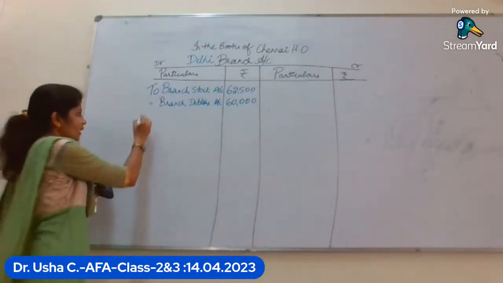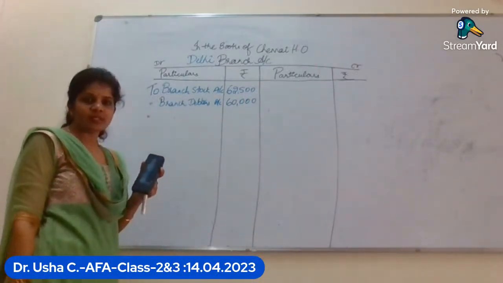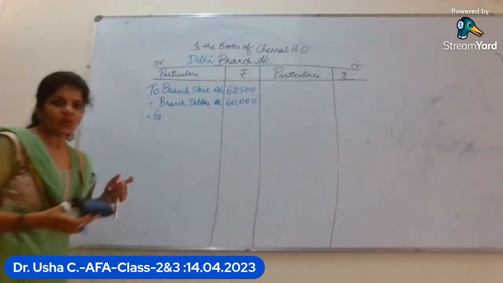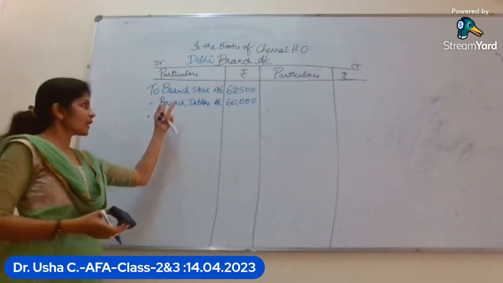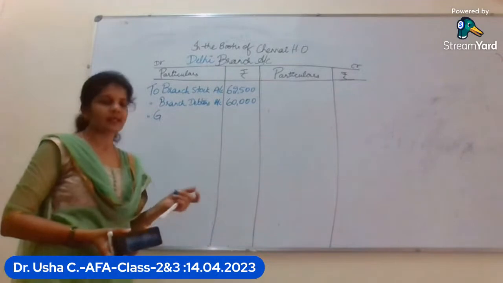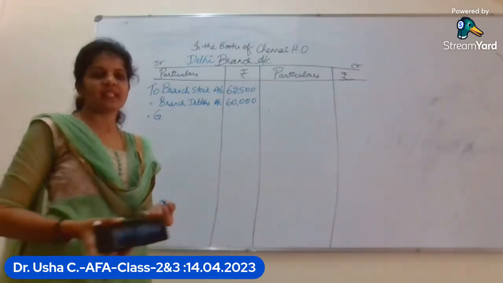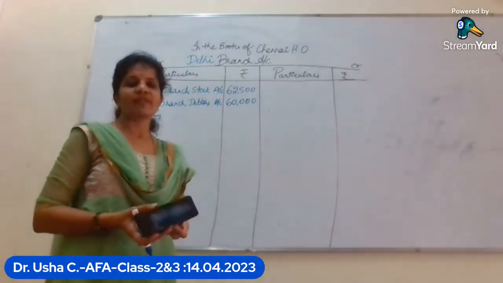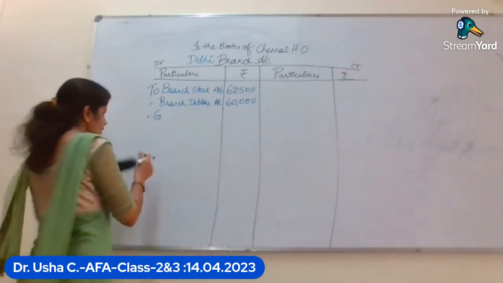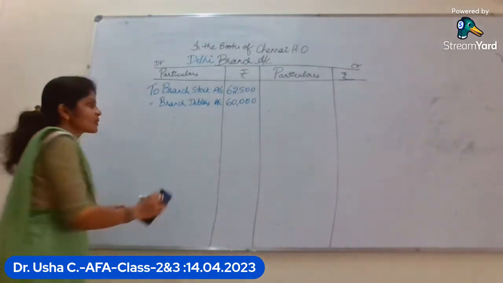Next, to goods supplied by the head office. See, only two are there. These two are the opening branch assets. Correct. So next, they have given that goods supplied by head office at invoice price, that is 2 lakh rupees. So for this goods supplied by the head office, what entry we pass?